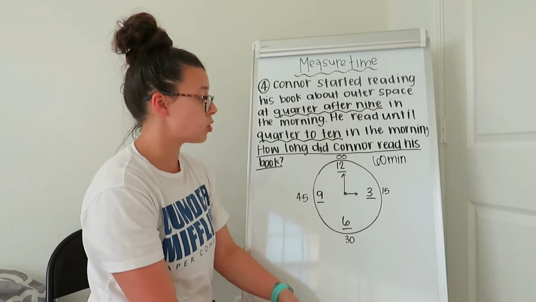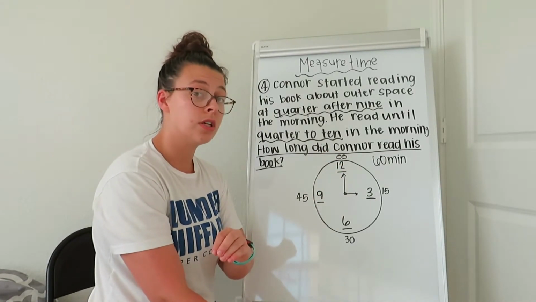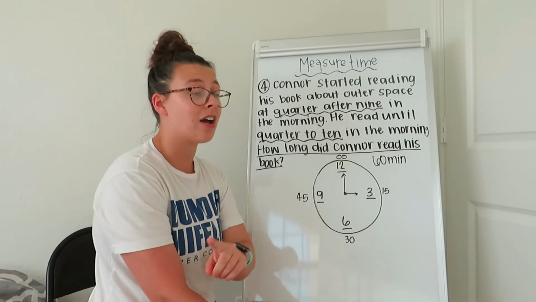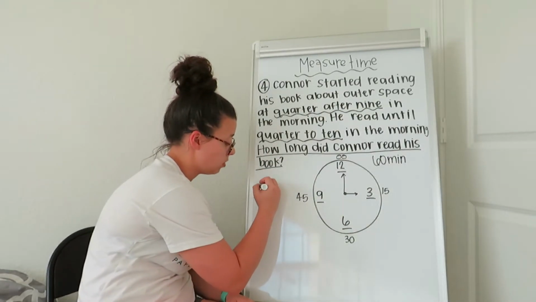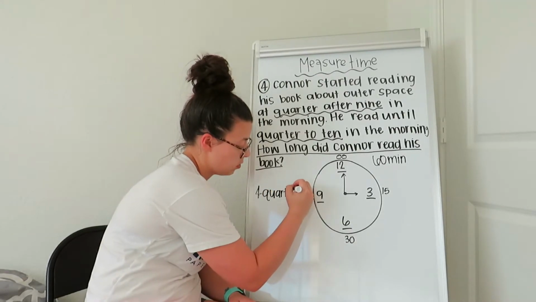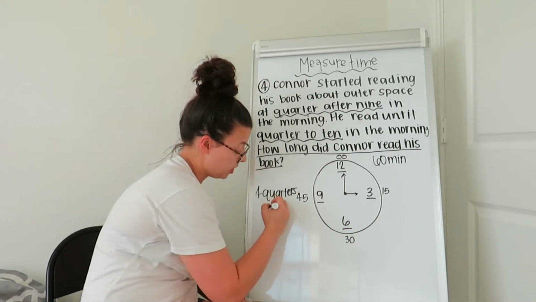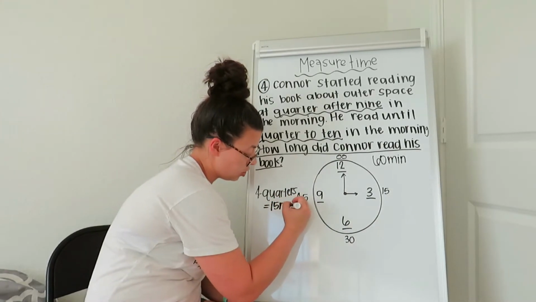There's 15 spaces. So there's actually 4 quarters, and instead of them equaling 25, they actually only equal 15. So there's 4 quarters in the hour, but they equal 15 minutes each.